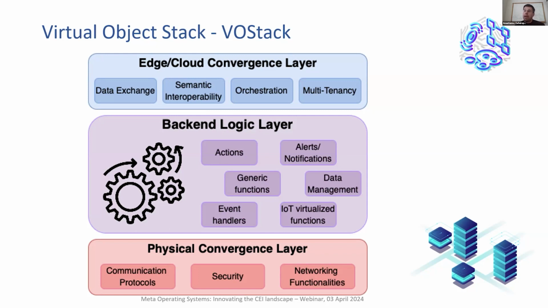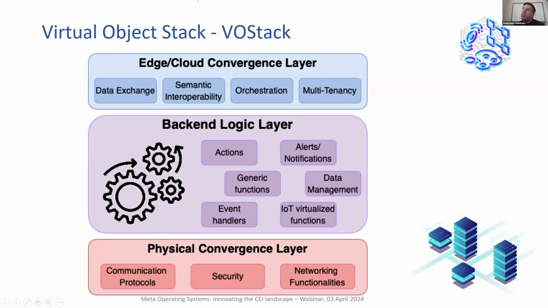And in the upper layer, we have the convergence layer, where we try to make EUCloud technologies interoperable with cloud and edge computing systems and platforms. Here we have challenges related to semantic interoperability. Different semantic models have to be supported by translation mechanisms.